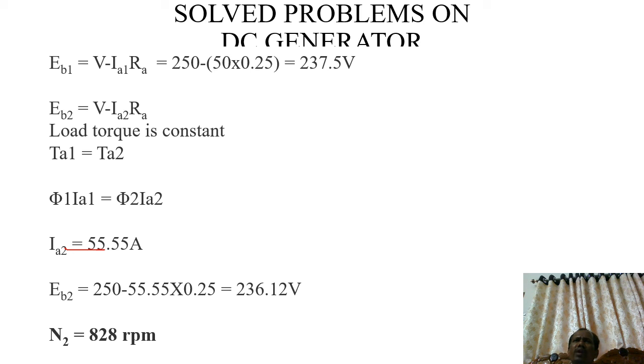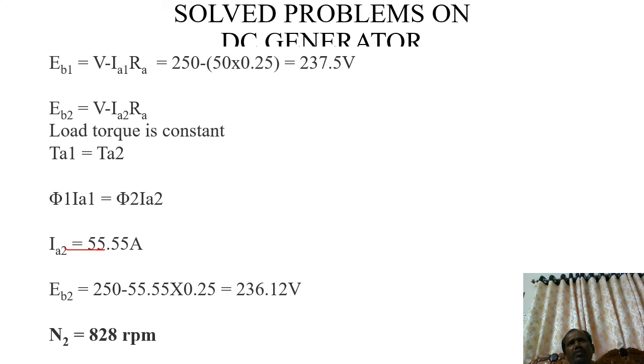Here the armature current is divided into the shunt field current and the load current, so Ia is equal to Ish plus IL. We follow this equation for calculating the shunt field current, the armature current and the load current. Ish is equal to V by Rsh.